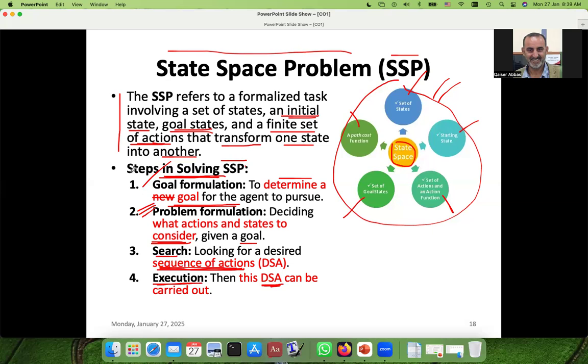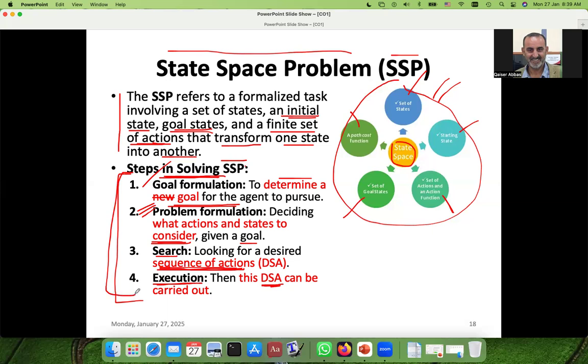So this is a rough idea to solve any problem algorithmically. If you want to build an algorithm for any problem, then these are the steps that you have to consider.